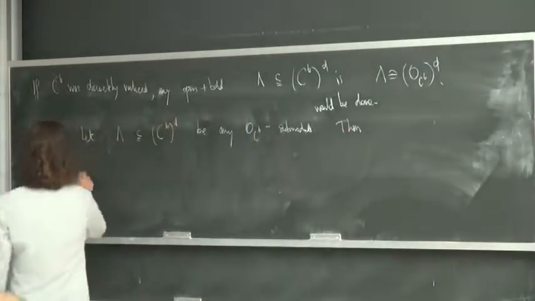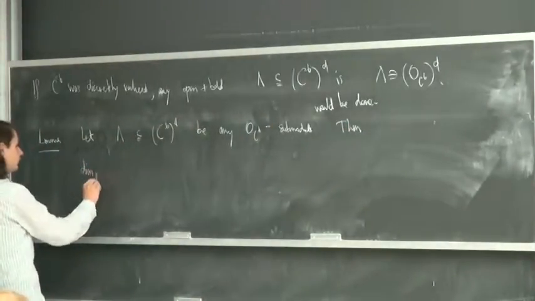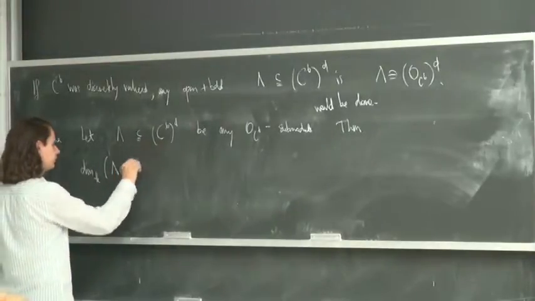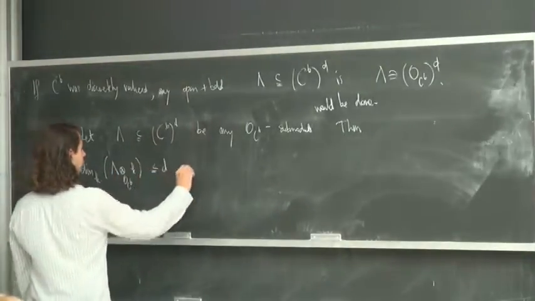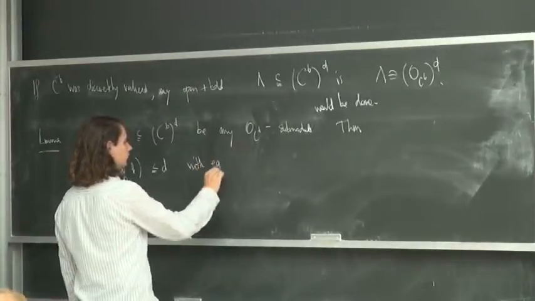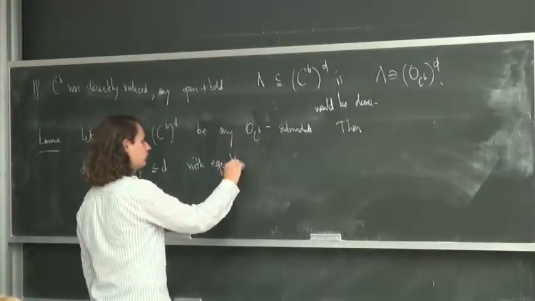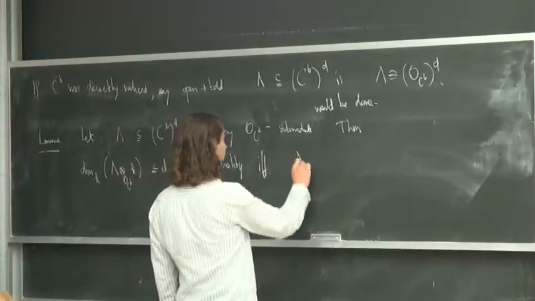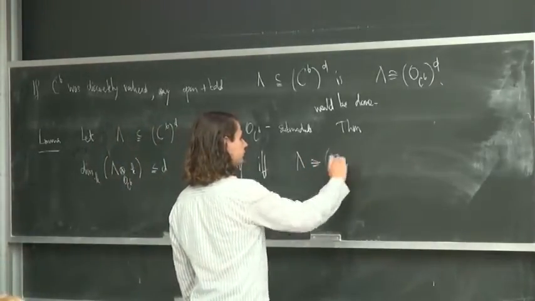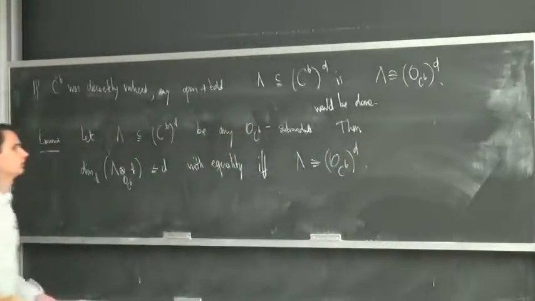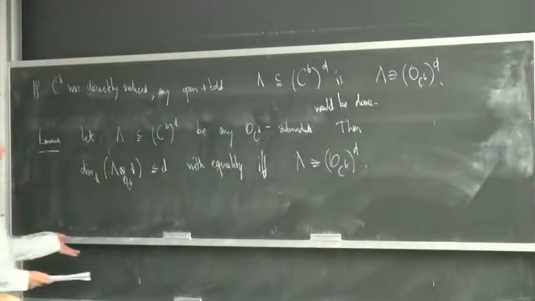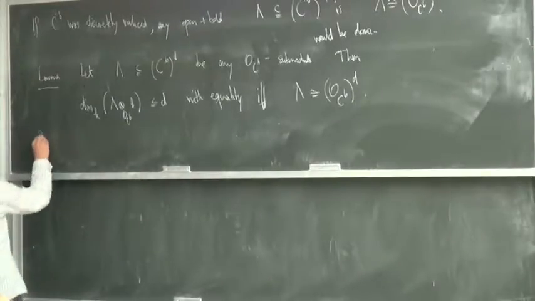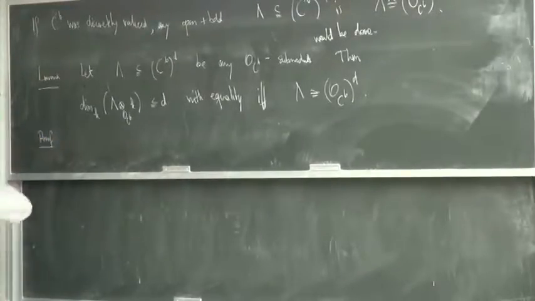Then the dimension over the residue field, of lambda tensor the residue field, is always at most d, with equality if and only if lambda is free of rank d. Let's also prove this.